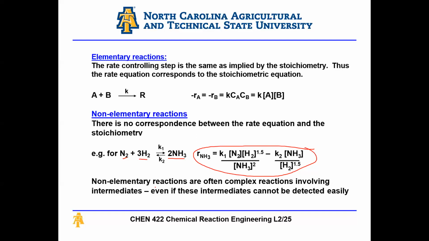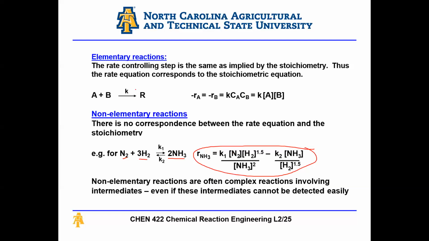So your reaction rate is very strange, but you can't really detect the intermediate to get a feasible stoichiometric expression for it. And this happens a lot because most of the time reaction rates are predicted by experiments, and we try to match the experiments with the stoichiometry.